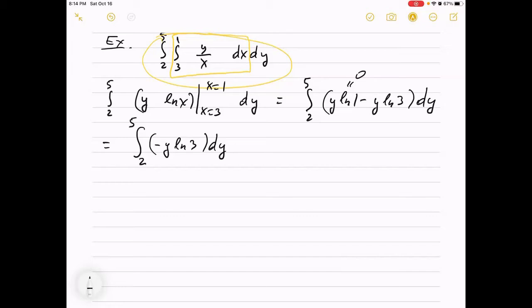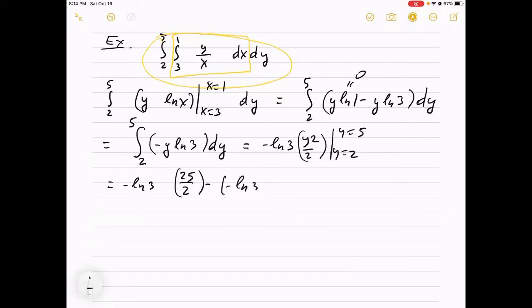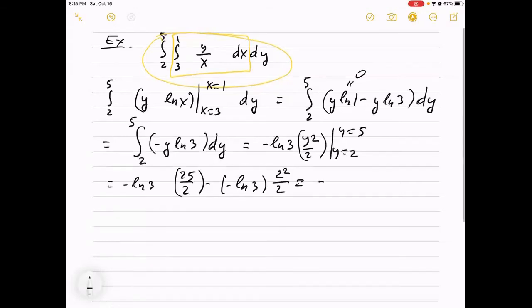Then we get negative ln of 3, y squared over 2, where y is changing from 2 to 5. So we get negative ln of 3 times 25 over 2 minus ln of 3 multiplied by 2 squared over 2. Doing simple calculations, we get negative 10.5 ln of 3.